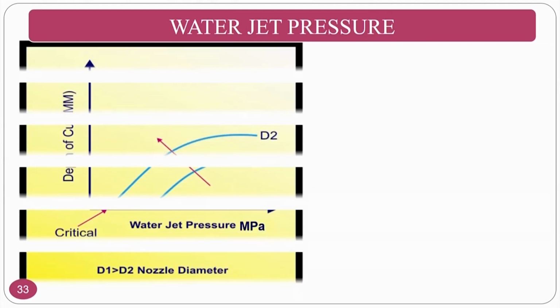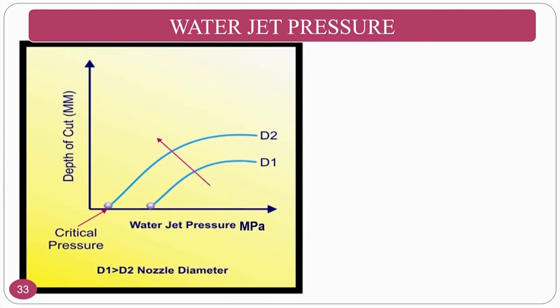Regarding water jet pressure, the critical pressure is nothing but where the material removal is yet to start. As you increase the water jet pressure, the kinetic energy of the particle will increase, that is why the depth will increase.